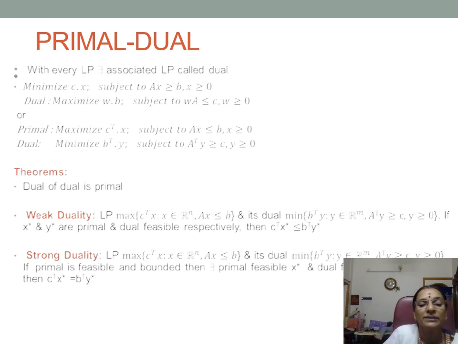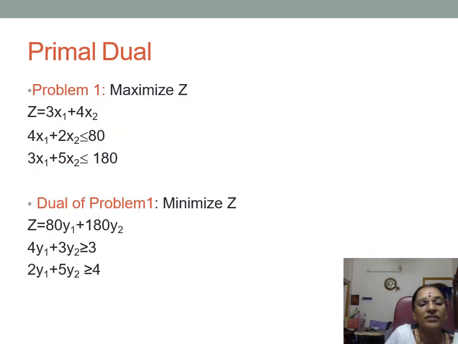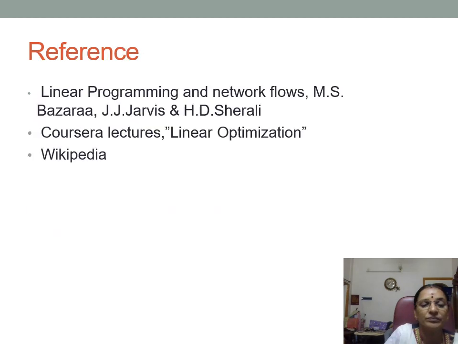In changing to this dual problem, to avoid confusion, we change variables x1, x2 to y1, y2. With these references, we conclude the linear optimization form of the standard optimization problem.